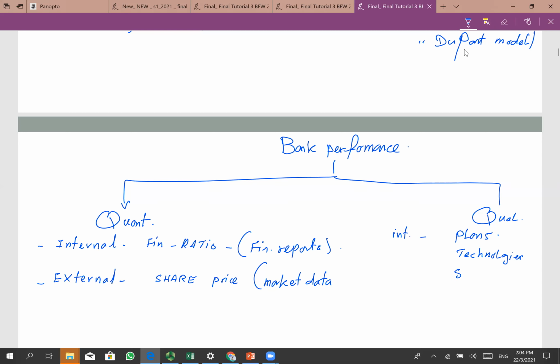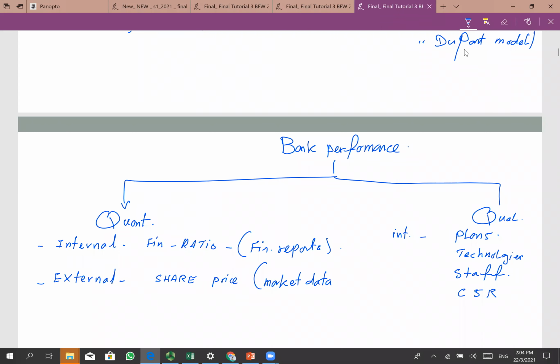Good plans, good technologies and good staff are most of the things that we are looking for. And we want to talk about something called the CSR, which is how we are doing in the environment.